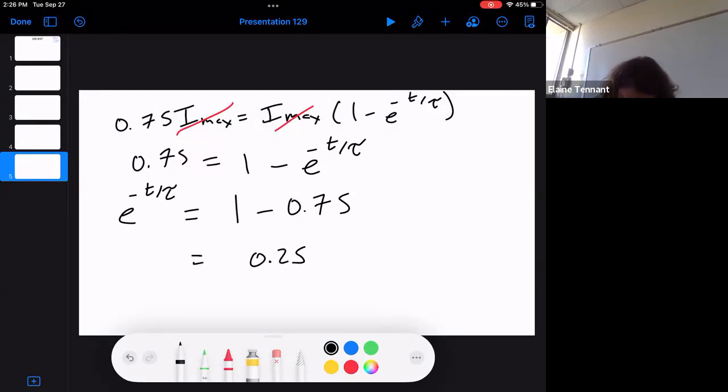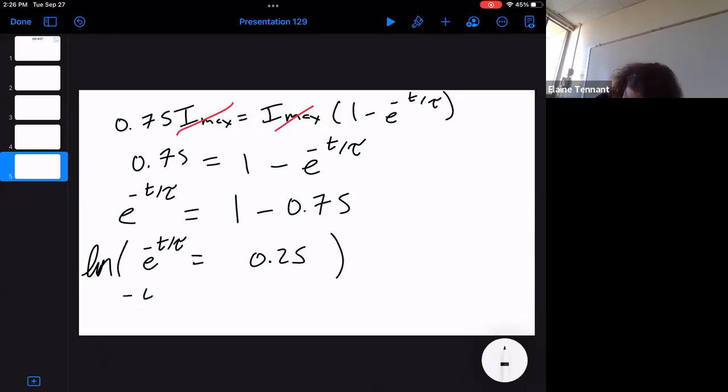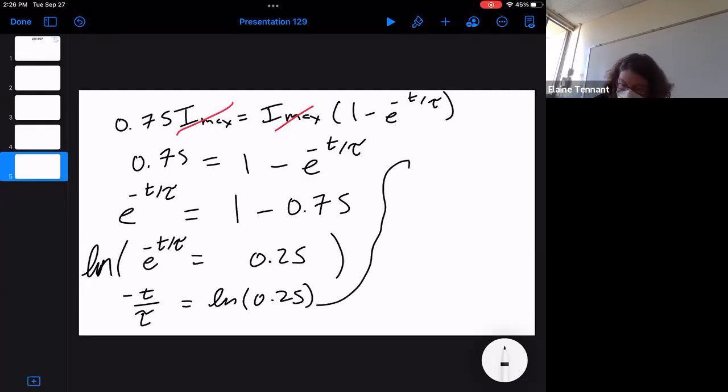And then if I want to get rid of that e, how do you get rid of an e? You take a natural log of both sides. And so you'll have negative t over tau equals the natural log of 0.25. It's important to note, it's just a constant, so it's not like a time you would have to solve for.